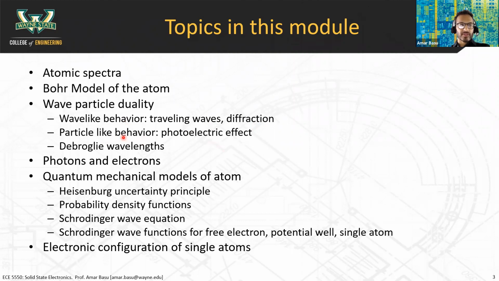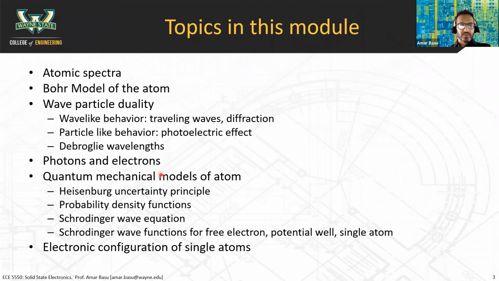Sometimes they can behave as a wave, sometimes they can behave as a particle. There's a concept from a physicist named de Broglie, who connected these two concepts together and said that a particle moving at a certain velocity will have an equivalent de Broglie wavelength. So it's a connection between the wave and particle-like behavior.